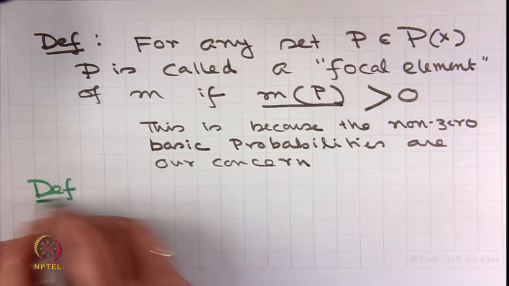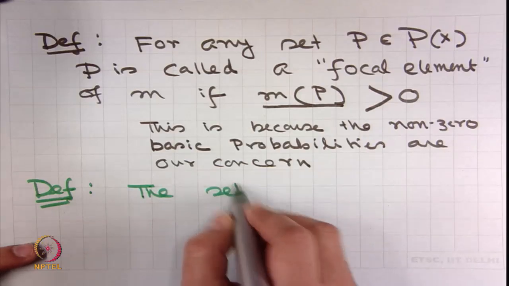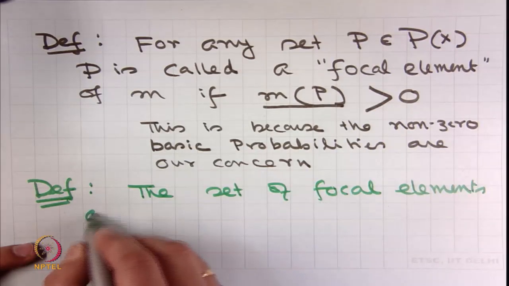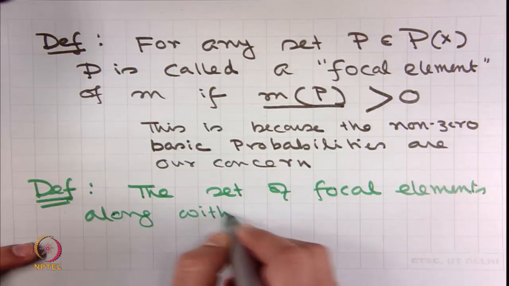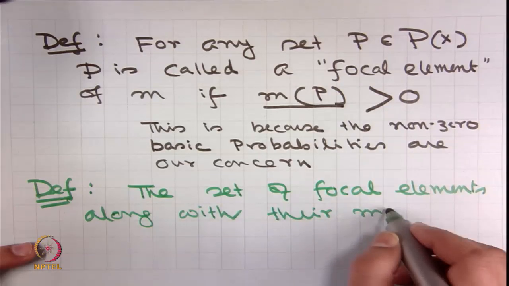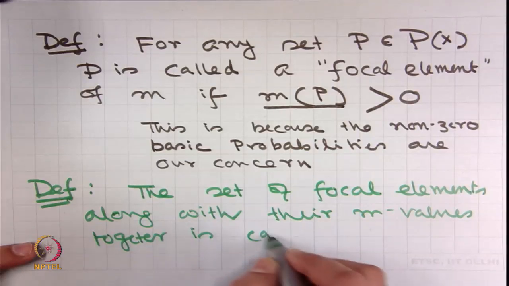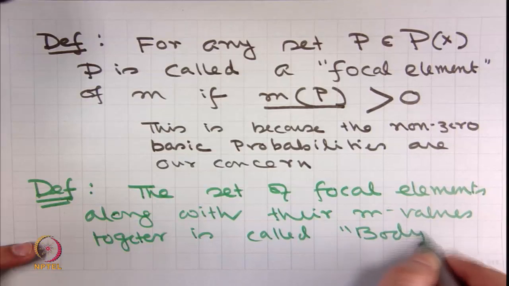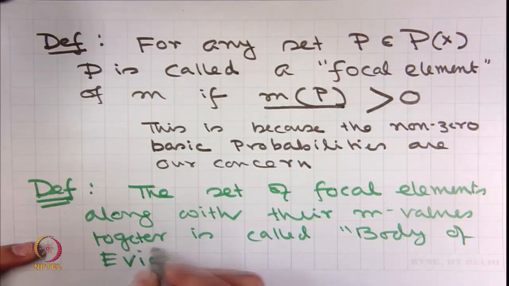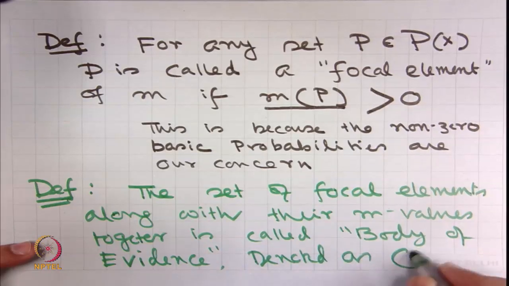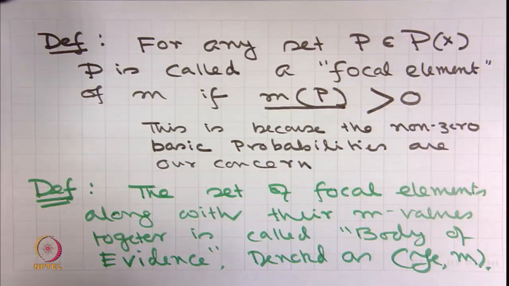Another definition is this: the set of focal elements along with their M values together is called the body of evidence, and we denote it as (F, M), where F is the set of all focal elements and M is the basic probability assignment.